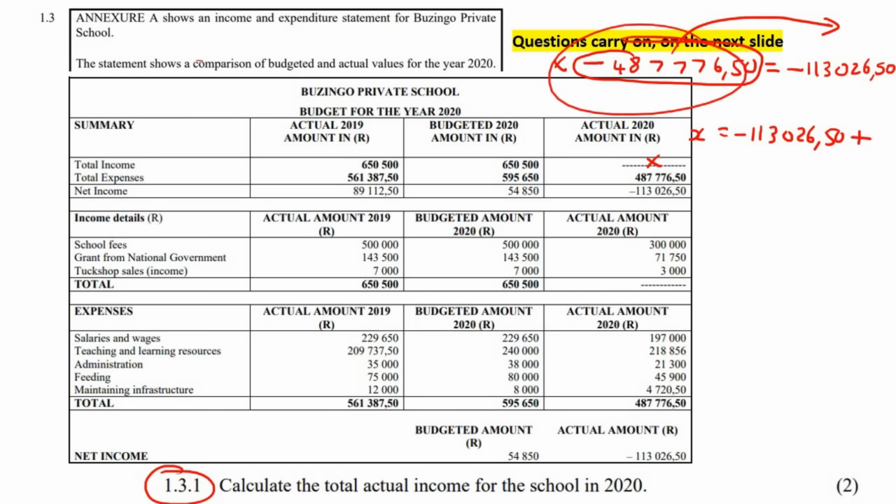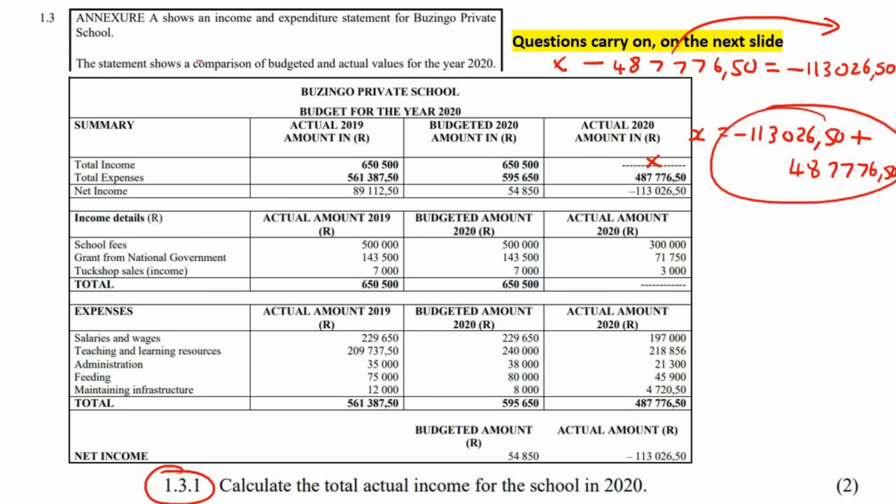Okay, this number should become a plus, and it should become 487,776,50. So that is what you should end up with. So you could go type on the calculator then, and your x or your answer should become 374,750. That is the answer. So that is the total income that the school made that year.